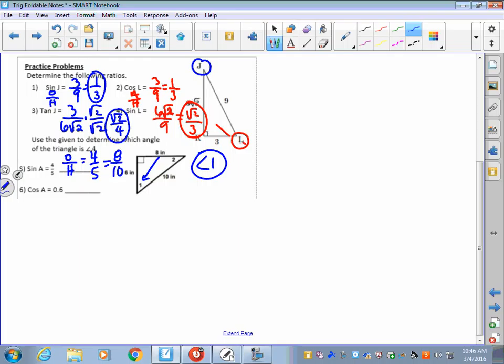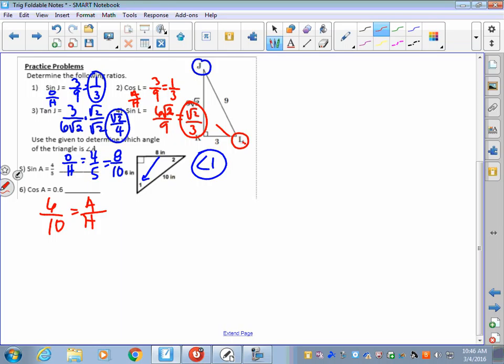Now, we have the sine of A equals 0.6. Which ratio would give me 0.6? That's 6 over 10. And I'm sorry, it's cosine. Cosine is the adjacent over hypotenuse, right? So that means the adjacent side would have to be the number 6, and the hypotenuse would have to be 10, which it is.